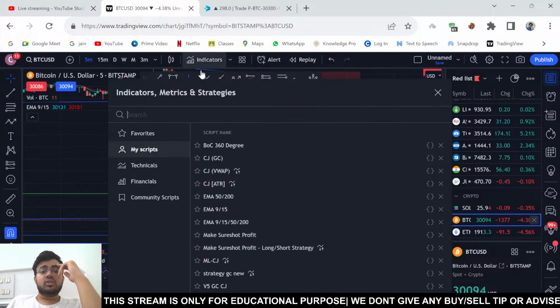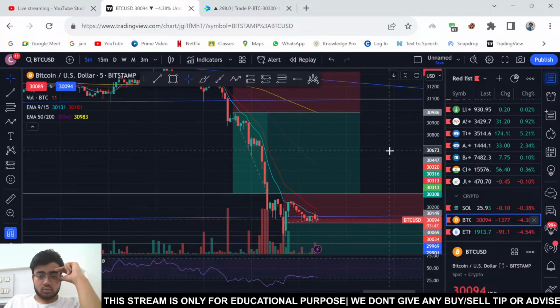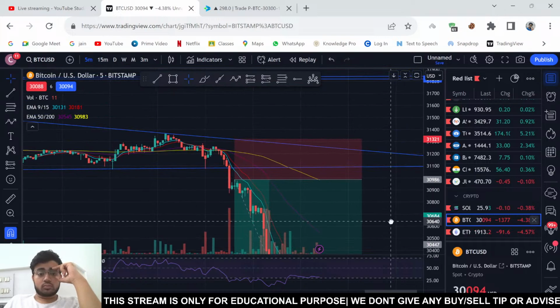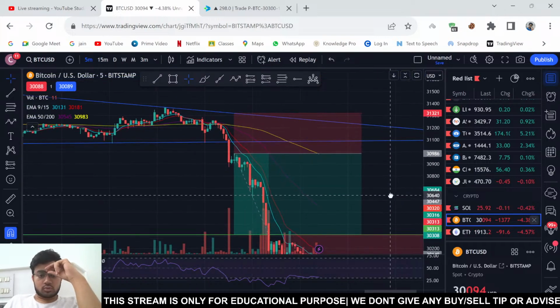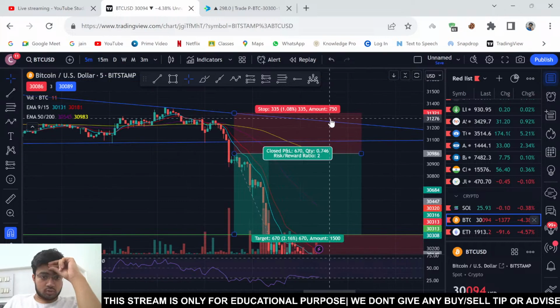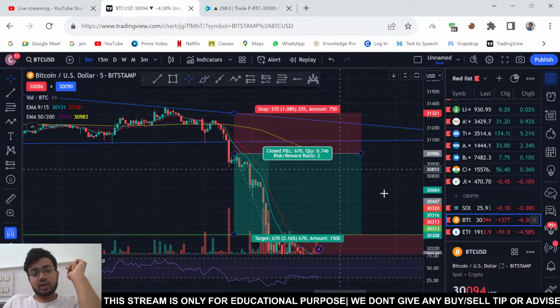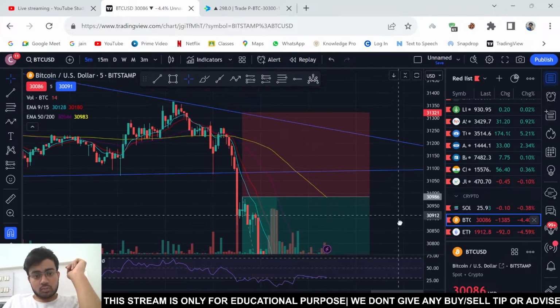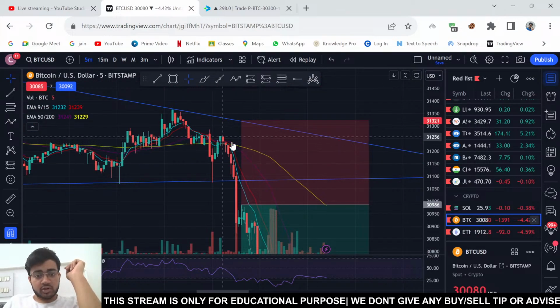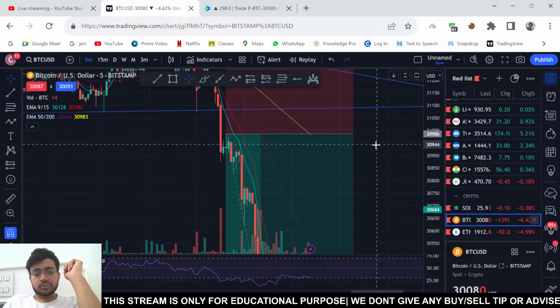Honestly, guys, I don't trust indicators or strategies too much on this chart. But I do understand why they are giving a strong sell indication on this place, because the 50 and 200 EMA just collided at this level.